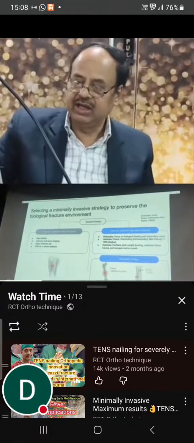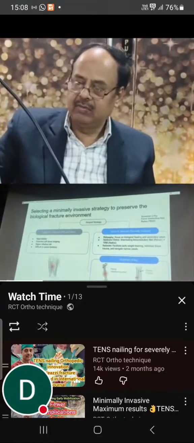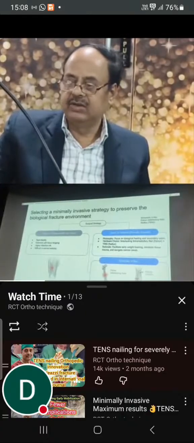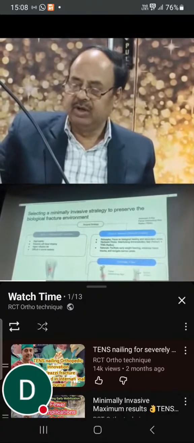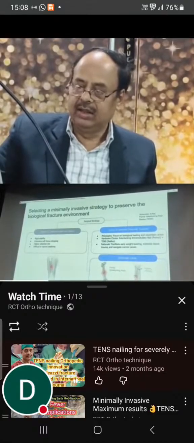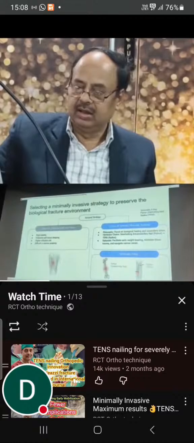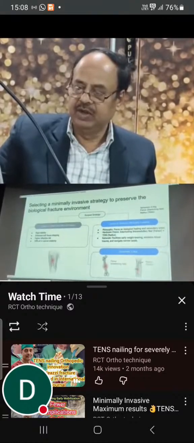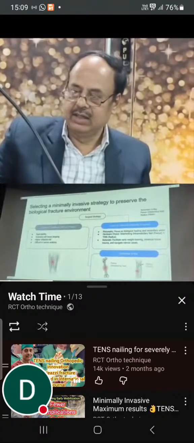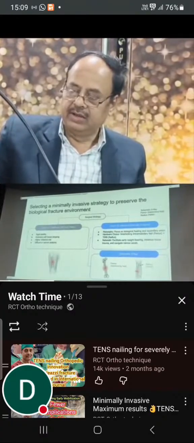And the TENS nailing for the Galeazzi fracture, this is not reported in any literature for such a severely displaced fracture. TENS nailing should be considered. In fact, there is no literature present for TENS nailing for this type of Galeazzi fracture.